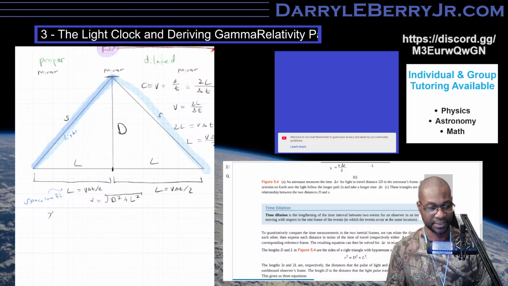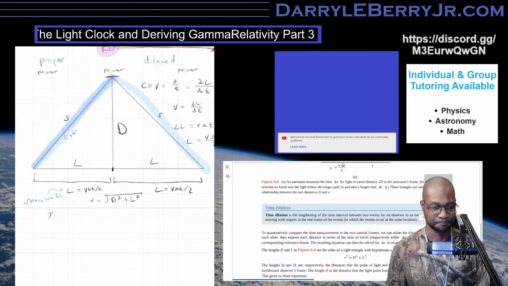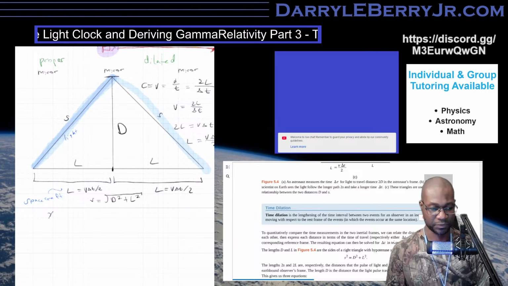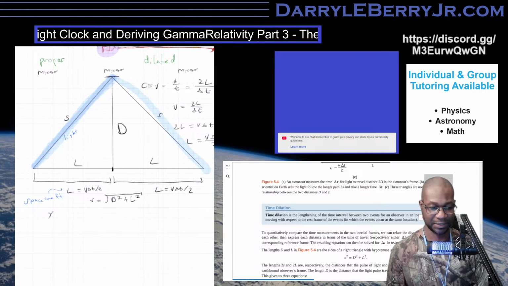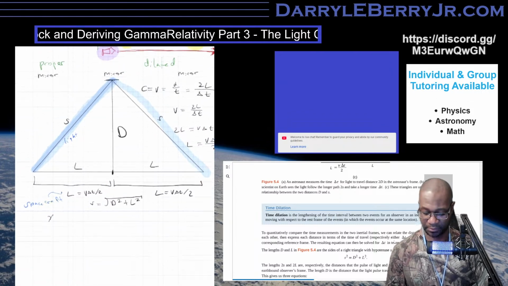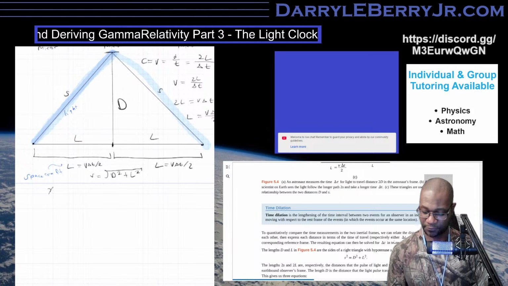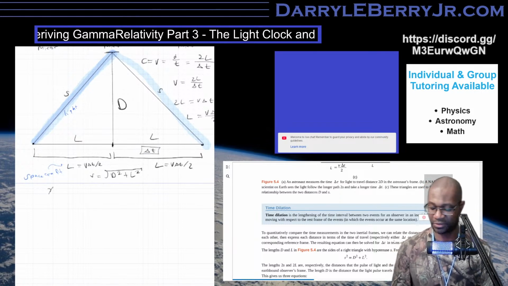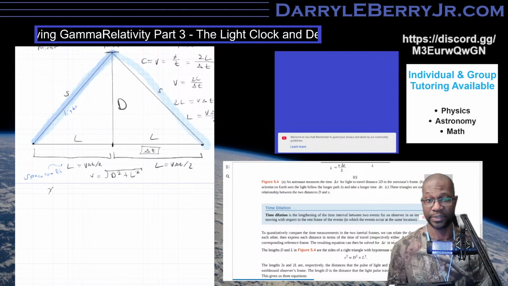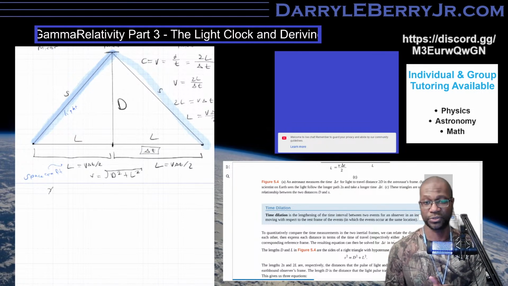So the book says here, the lengths 2L and 2s are respectively the distances that the pulse of light and the spacecraft travel in time t in the earthbound observer's frame. So basically we're using a frame from here to here, and this is our change in t. The change in t is the frame from which we see the event happening at different locations.